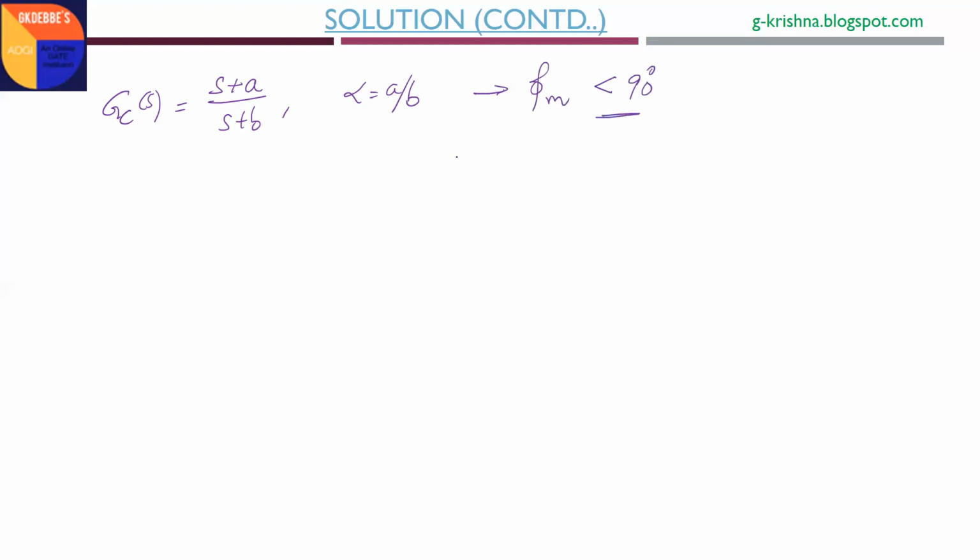To get 90 degrees, alpha should be 0, which cannot happen. But if you want 90 or even above 90, then we have to go for two lead systems, same or different.